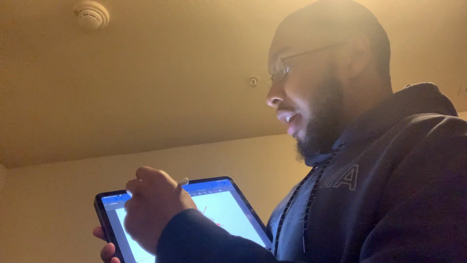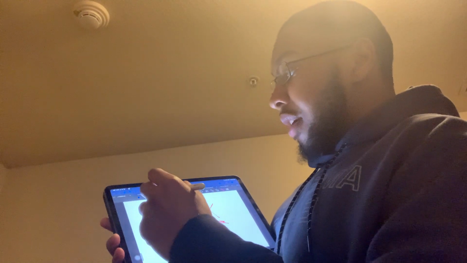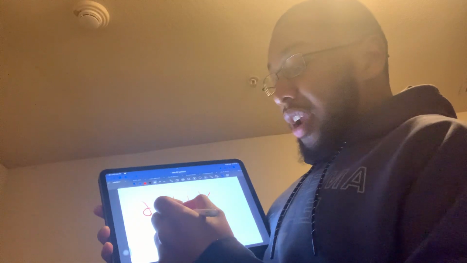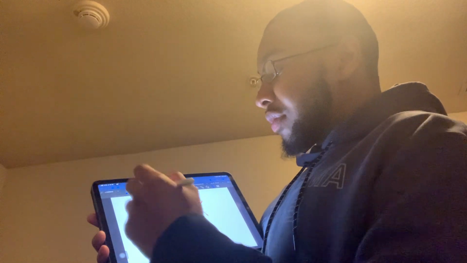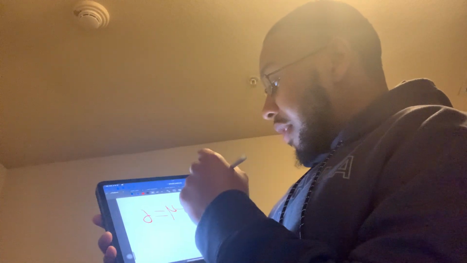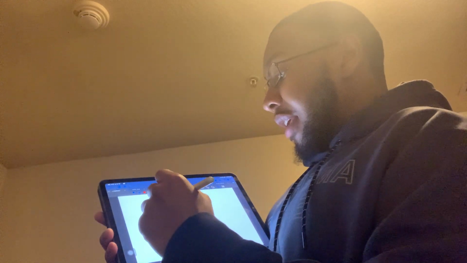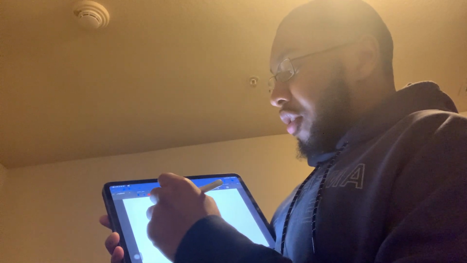But again, this equal sign right here, let me underline it, could be a different symbol. This symbol could be a less than sign or a greater than sign.